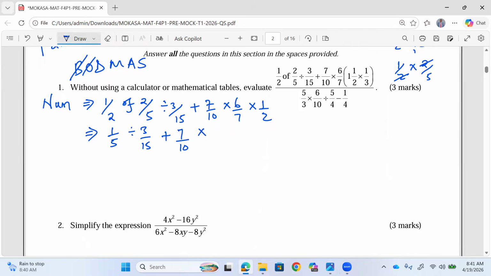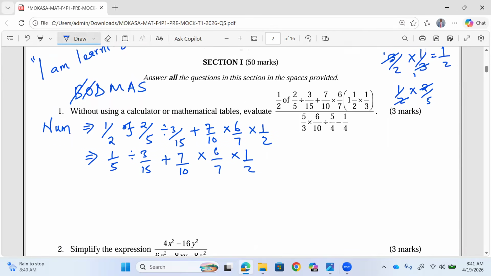So now we are having 1/5 from this of, divided by 3/15 plus 7/10 multiplied by 6/7 multiplied by 1/2. At this point, we can progress to division, whereby 1/5 is being divided by 3/15, meaning that we multiply by the reciprocal.